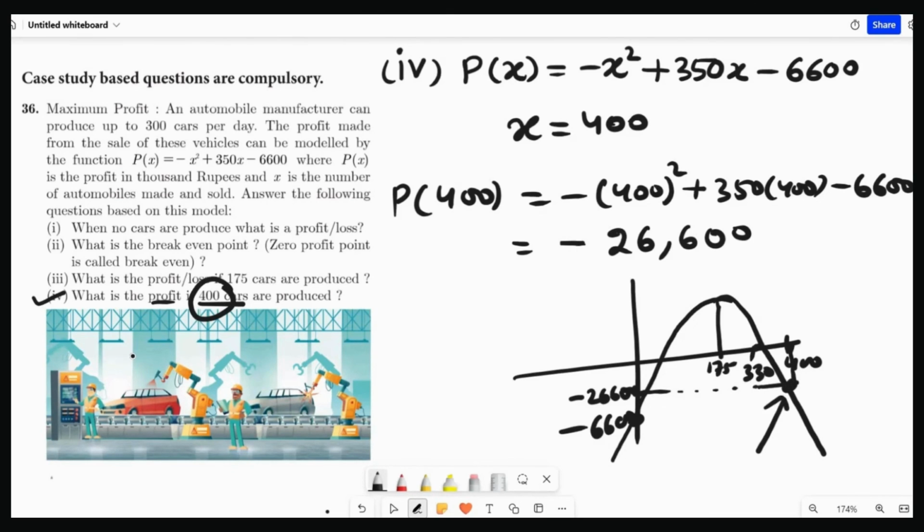So when 400 vehicles were produced or manufactured, 26,600 is the figure, but it is not a profit, it is a loss. Why? Because that coordinate is below the x-axis, so that is a loss. So this is a very important case study from the quadratic equations chapter. All the best.